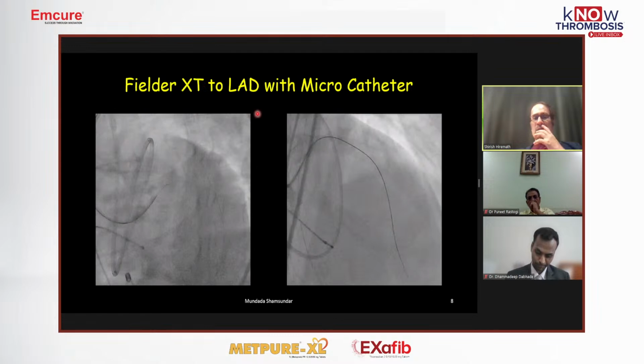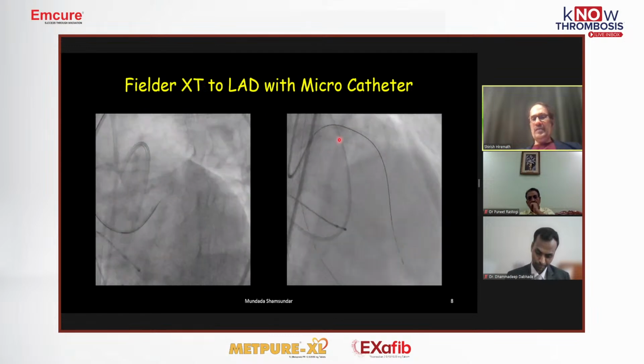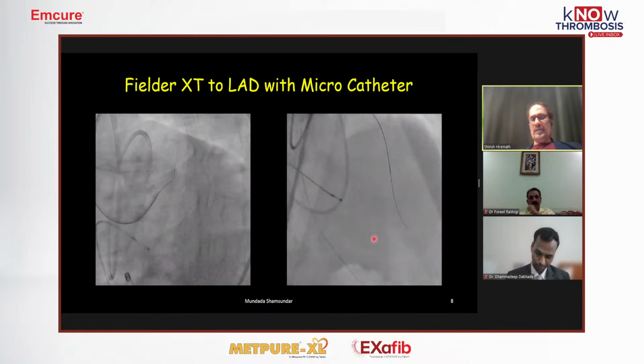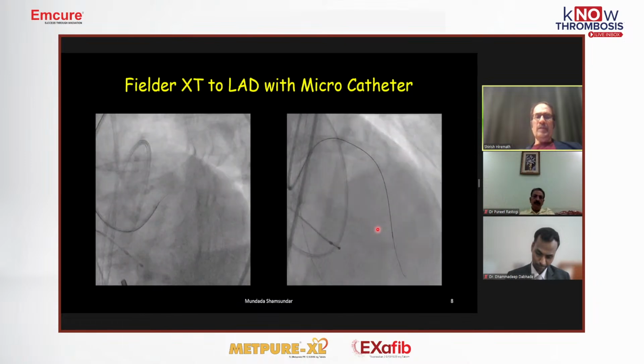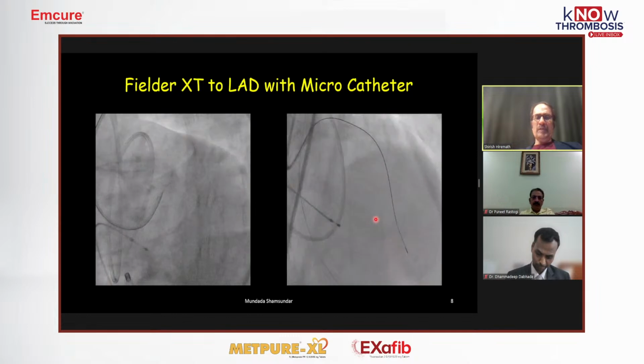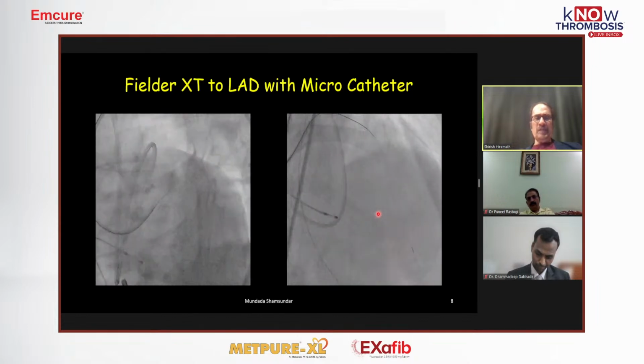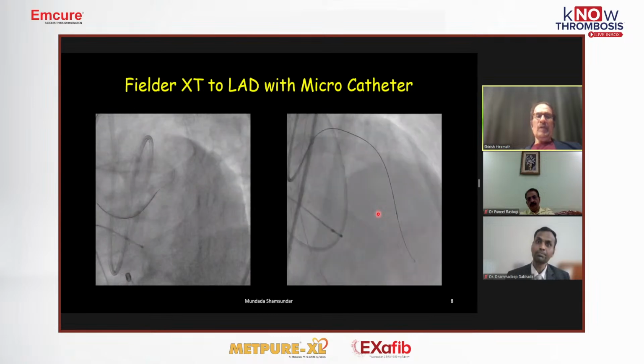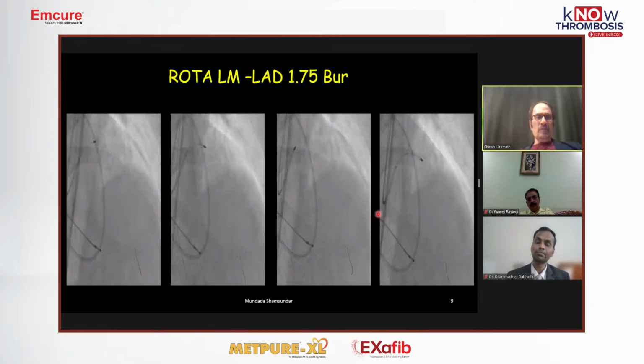So once the Fielder XT was in the LAD, it's very easy to move it down. Over this, the microcatheter came in, and then you remove the microcatheter since this is a 300 centimeter length wire, extra length. And we did a Rota with a 1.75 burr to the left main distality and the LAD.